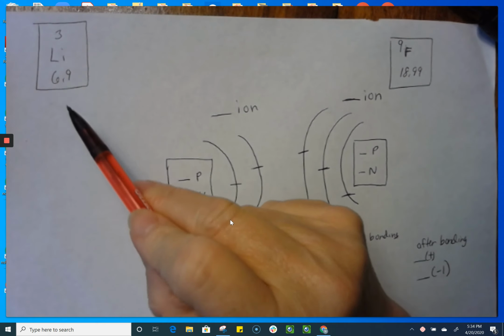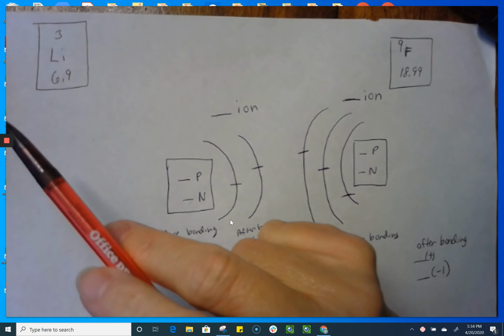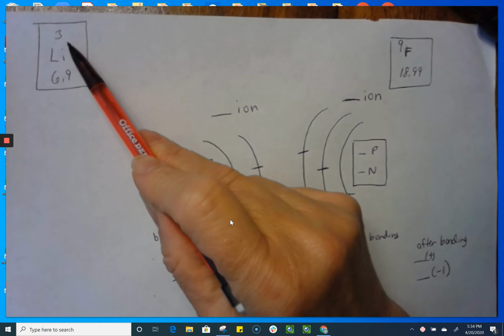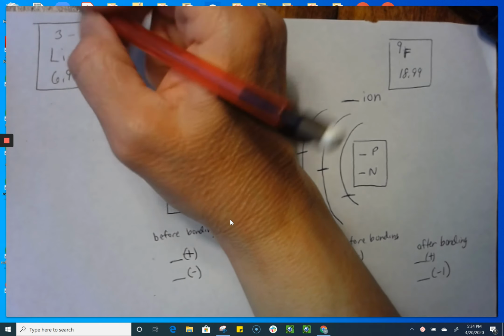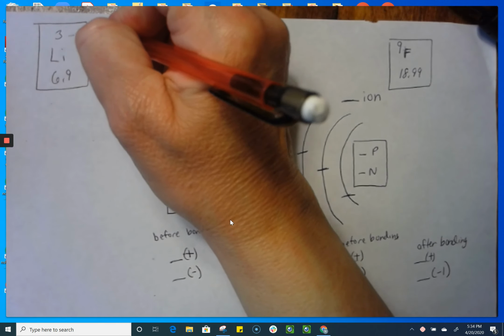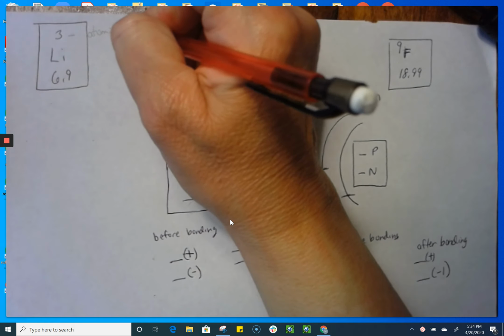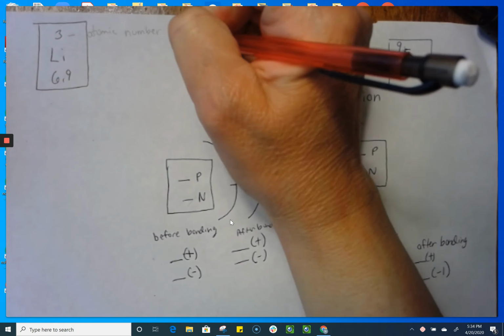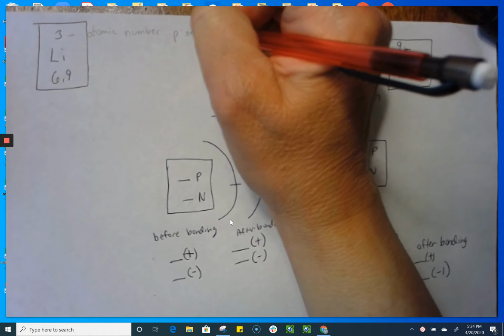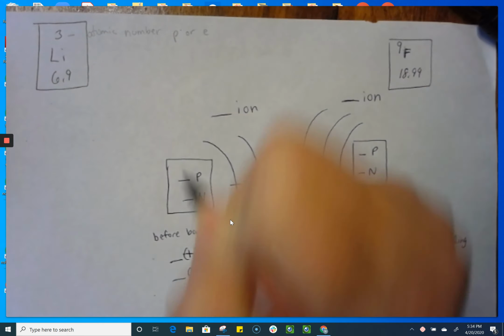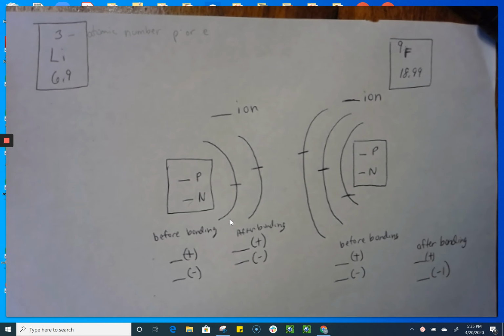These are the boxes that are on the periodic table. This whole number up here is your atomic number, which tells you the number of protons or the number of electrons in a neutral atom.